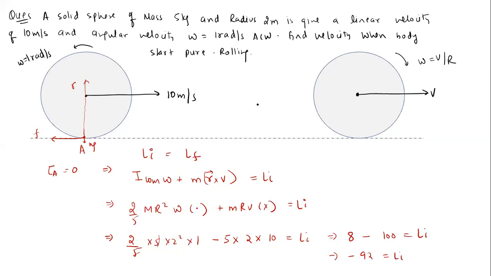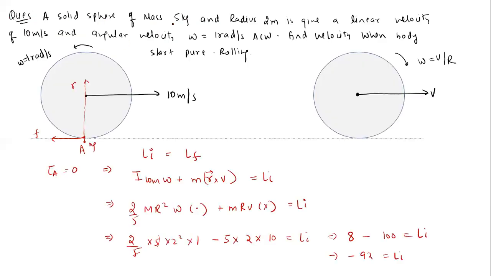What about the final angular momentum? The final angular momentum will be equal to the momentum about center of the mass into omega plus m r cross v vector. Okay, so moment of inertia about center of the mass will be 2 by 5 mr square omega. Omega will be now what?